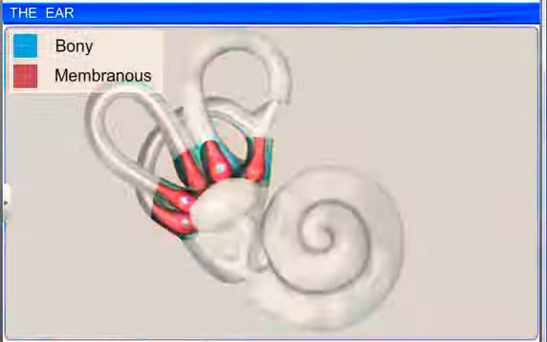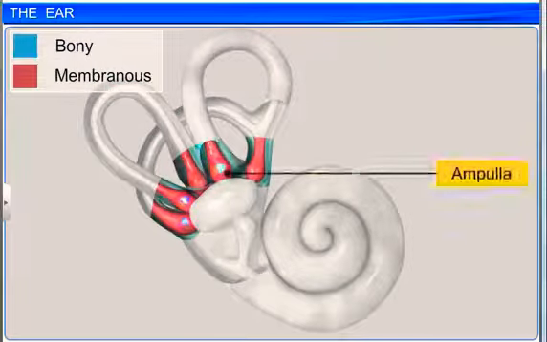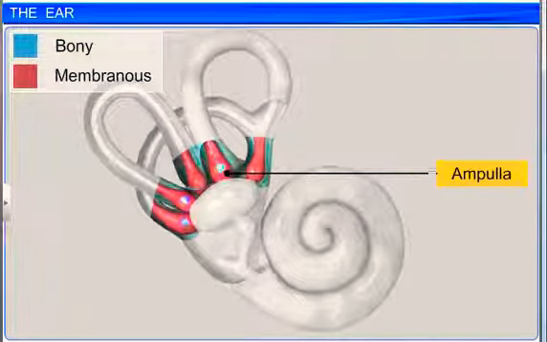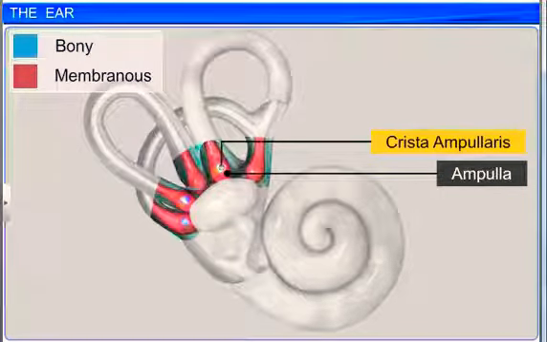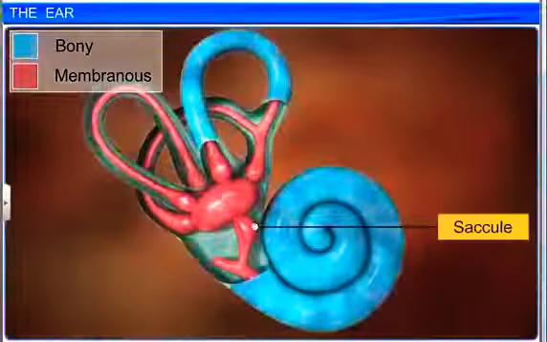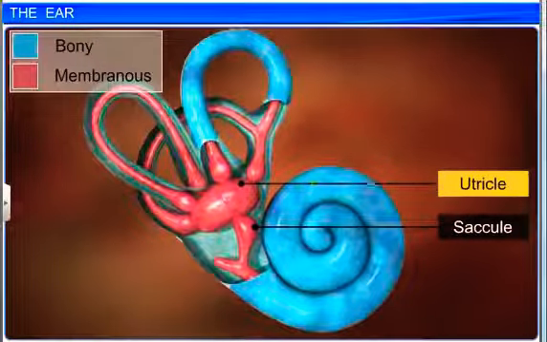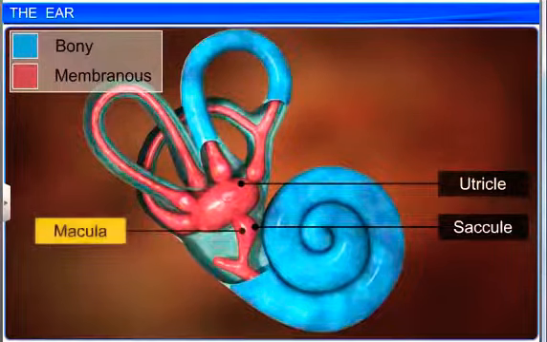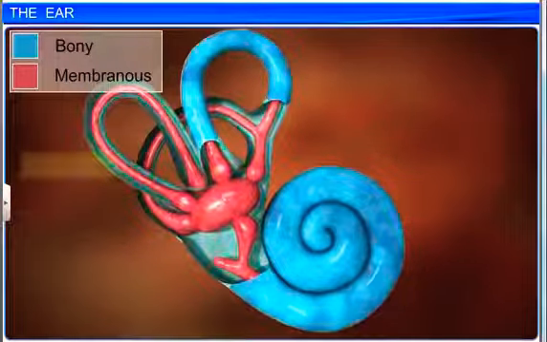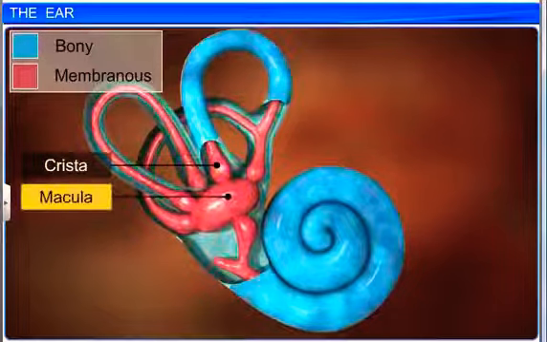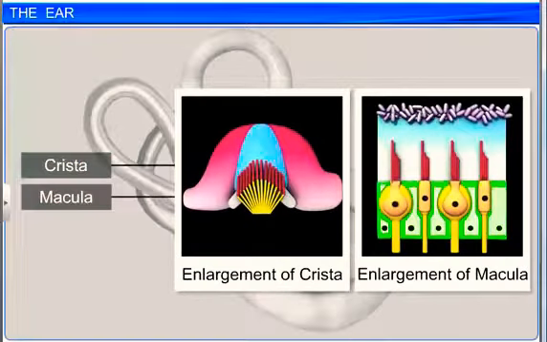The swollen base of these canals is called the ampulla, which contains a sensory spot called the crista ampullaris. The saccule and utricle also contain a sensory spot called the macula. Both crista and macula contain hair cells that act as receptors of the vestibular apparatus and are responsible for maintaining the body's balance and posture.